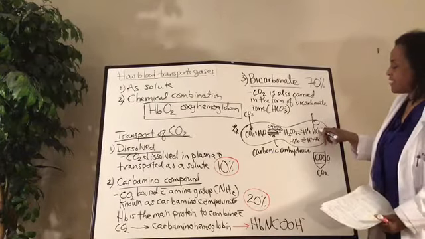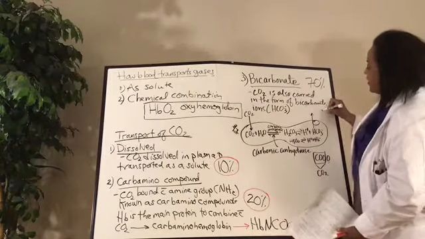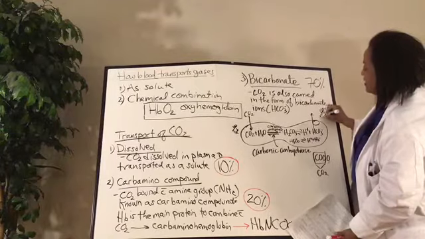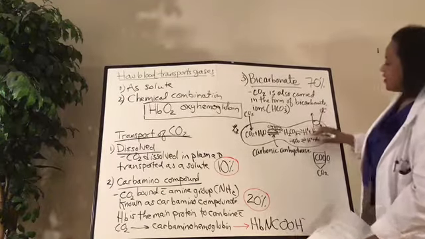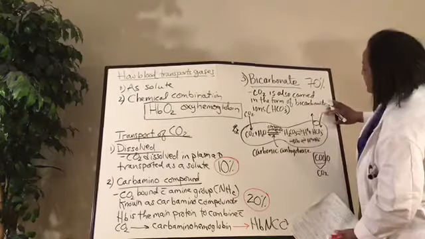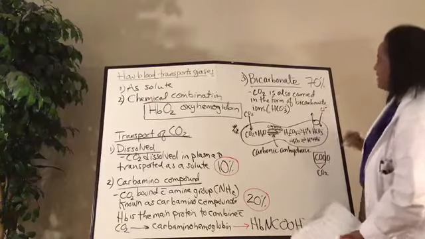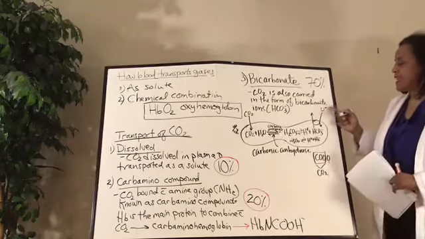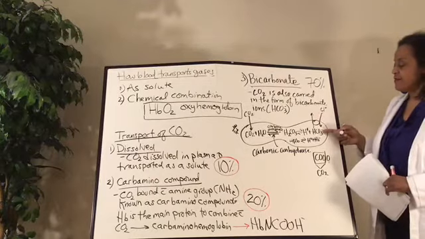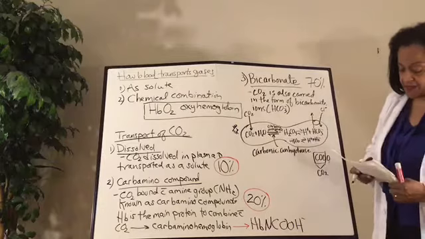When this bicarb goes out to the plasma, the chloride that's in the plasma, Cl, must come in to keep this cell balanced. That negative comes in to replace the negative ion that's leaving, and it makes this red blood cell stay balanced.